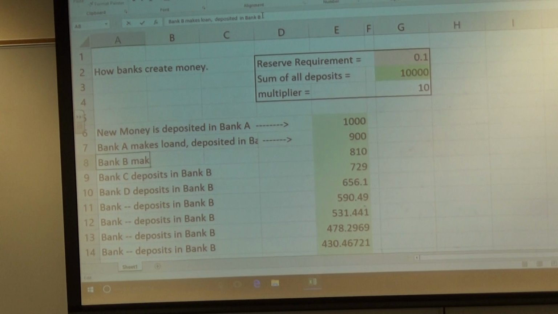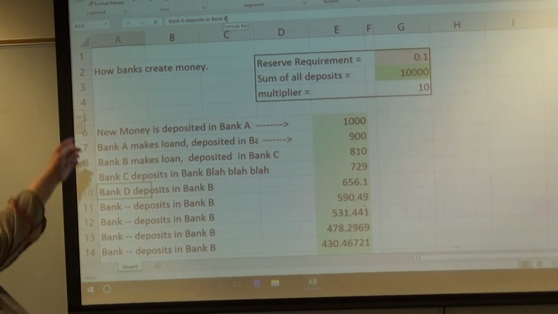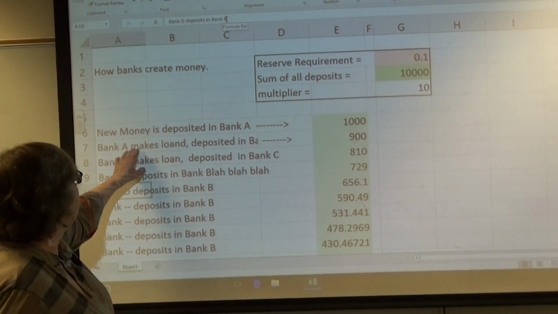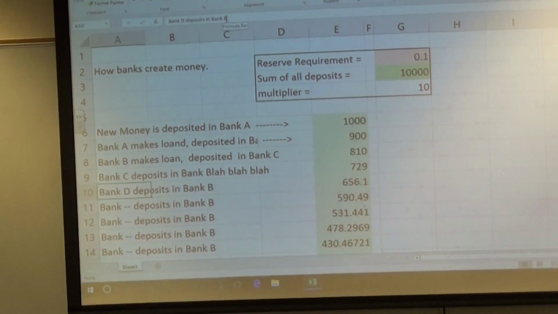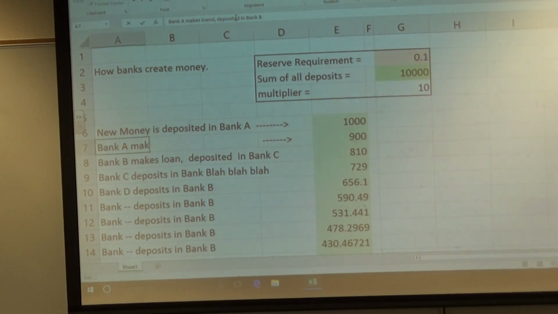I think I skipped one, didn't I? Okay, hang on. I don't know where the D came from. Trying to go fast is what it is. When you're old and you try to type fast, you don't type well.